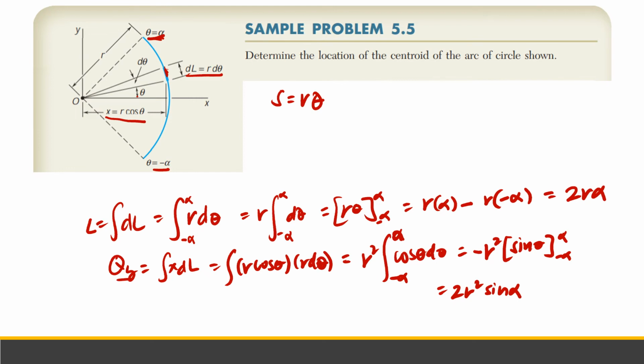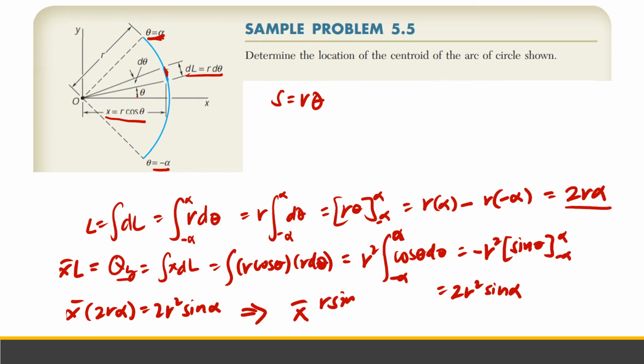Okay, so since Qy is also equals to x bar L, so we can say that x bar multiplied by length 2r alpha is equals to 2r squared sine alpha. Therefore, ang x bar natin is r sine alpha over alpha.